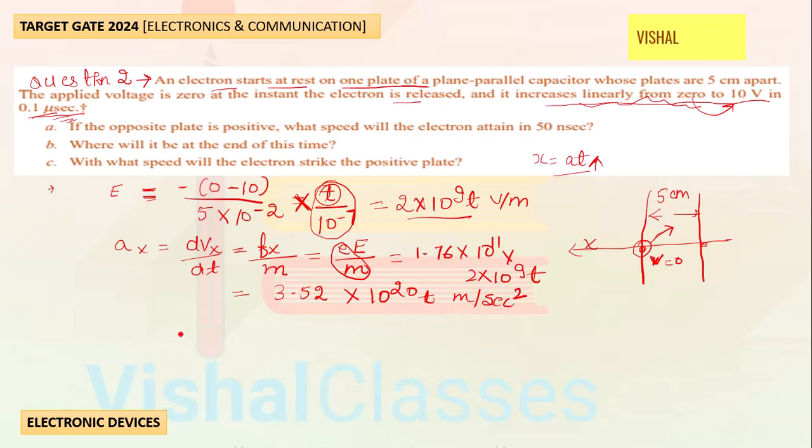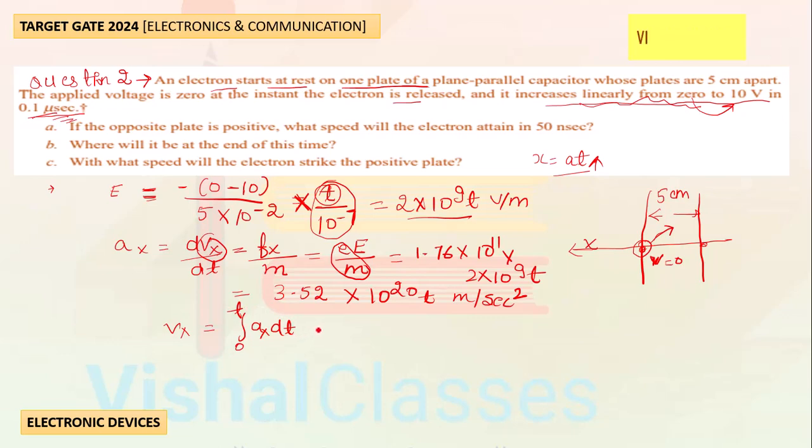Then if you want to calculate velocity in the x direction, you will integrate the acceleration with respect to t from 0 to t.